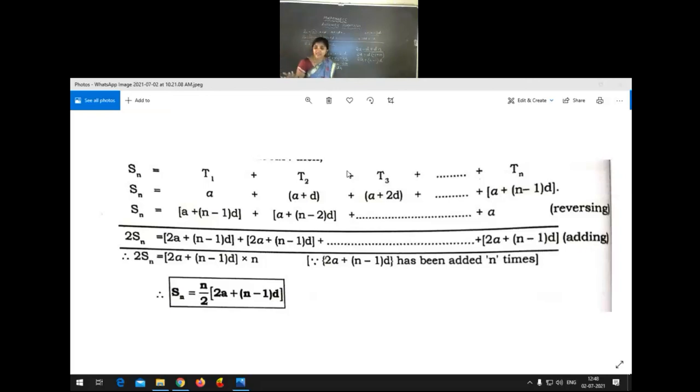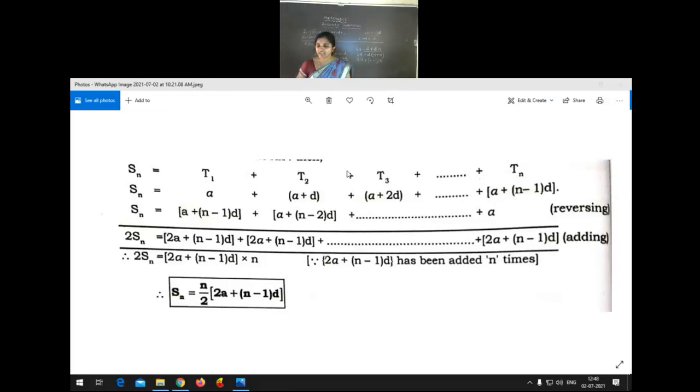That is how many times? So in the Gauss method actually, they took 100 numbers. So what we did actually, 101 present 100 times, we gave the conclusion. Now 2a plus n minus 1 into d is present n times because it continues up to infinity.